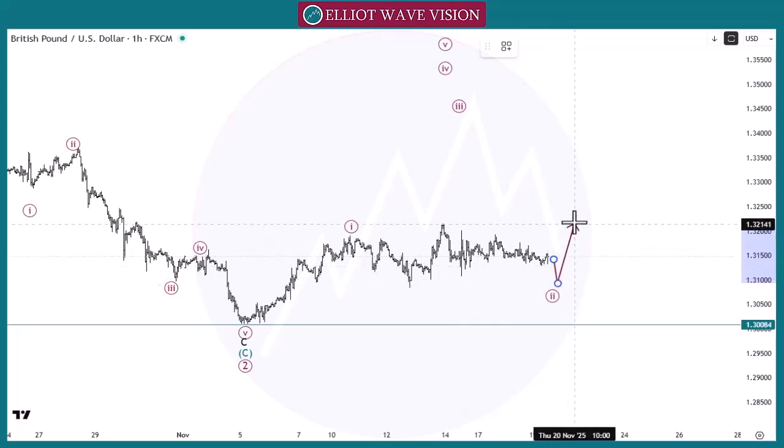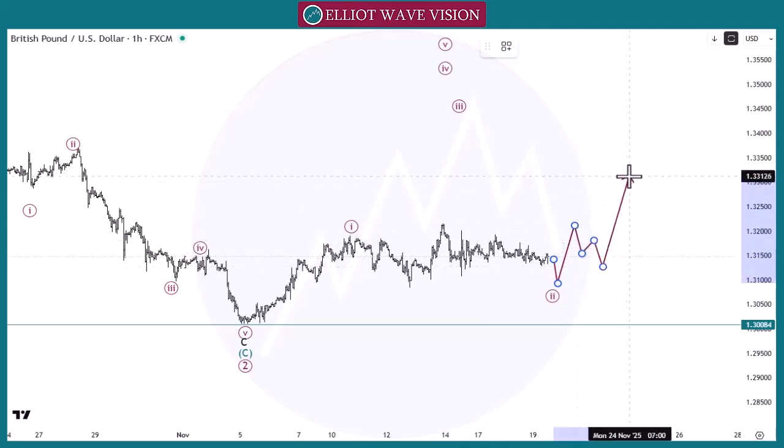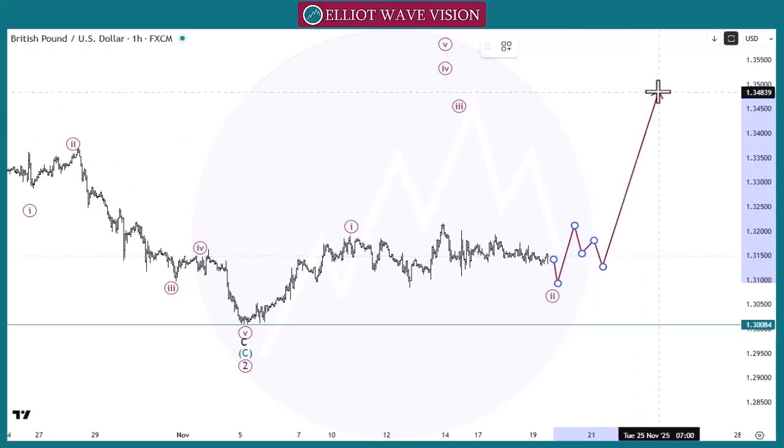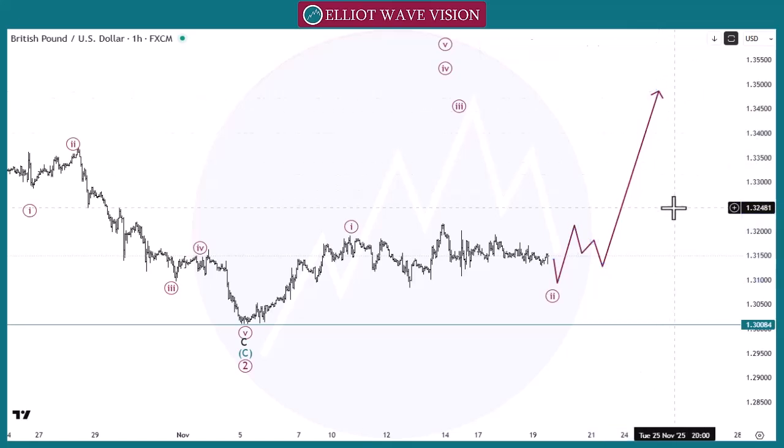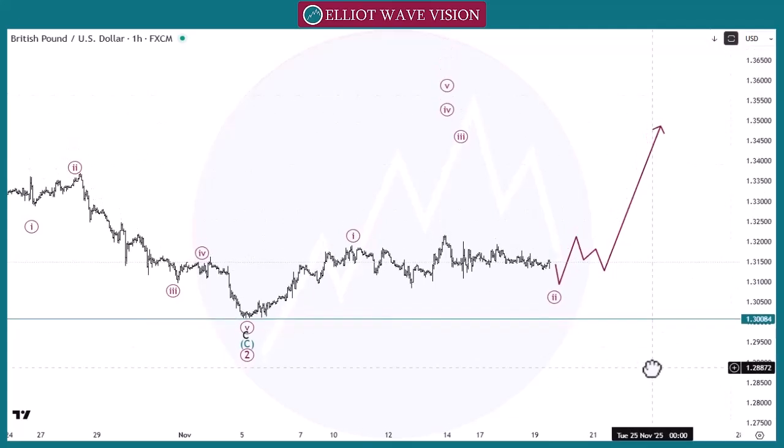So if the market gives us the first high after this correction and A, B, C, then we will go towards this next number like 1.33 and then 1.35, the end of group 2 and the median number between 1.3 to 1.4.